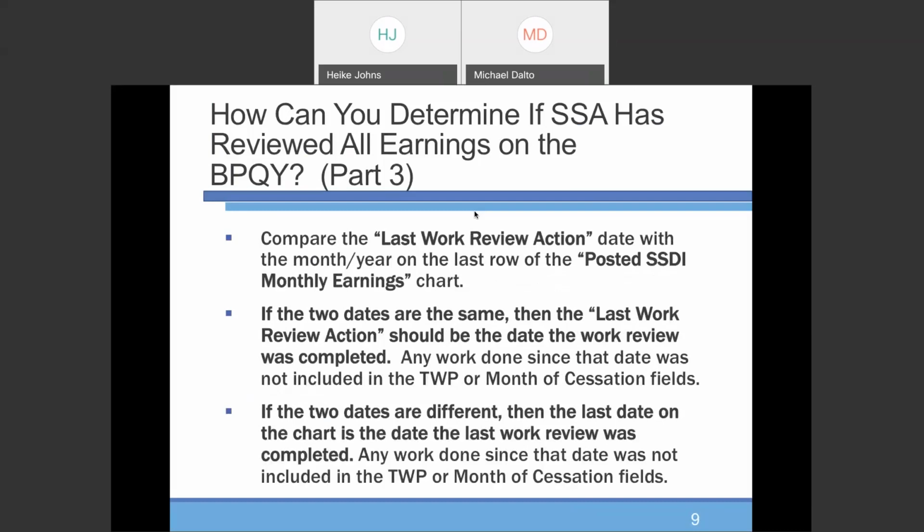So how can you determine if Social Security has reviewed all the earnings for somebody getting Social Security disability? Well, you can compare the date of the last work review action with the last date that earnings appear in the posted SSDI monthly earnings chart. Now, if both dates are the same, then that means that Social Security has probably reviewed all of the earnings and that the date of the last work review action is the date that the last work review was completed, not just initiated.